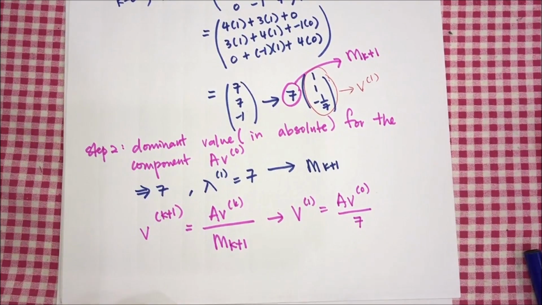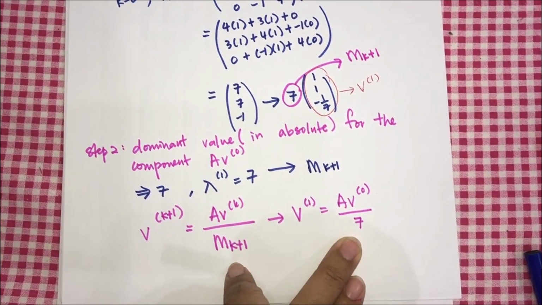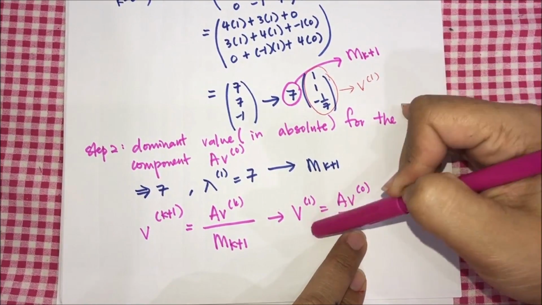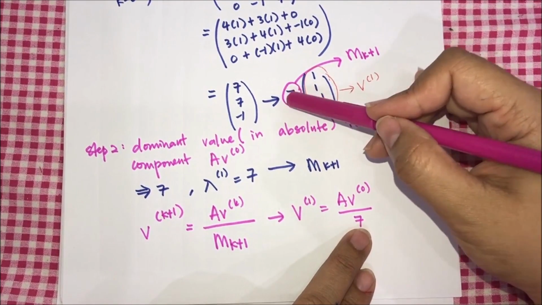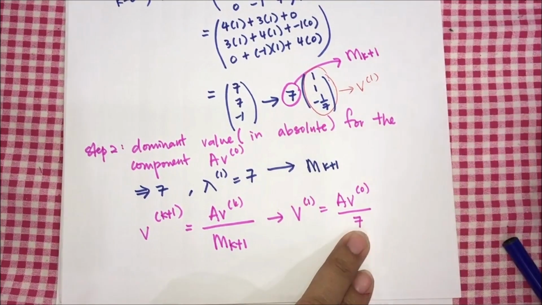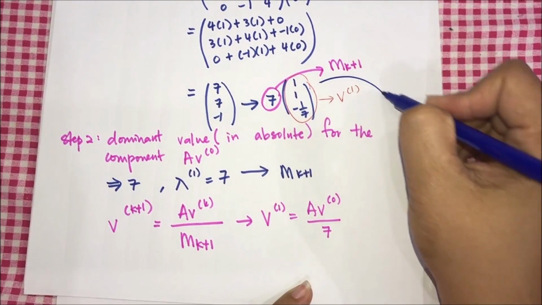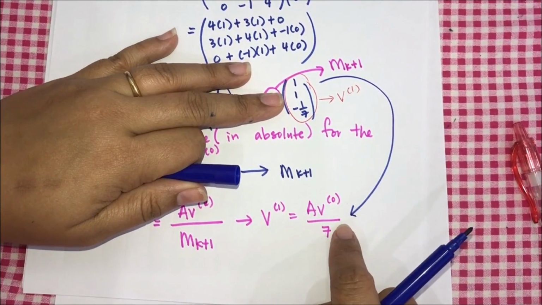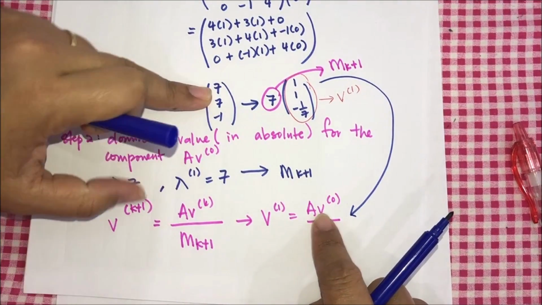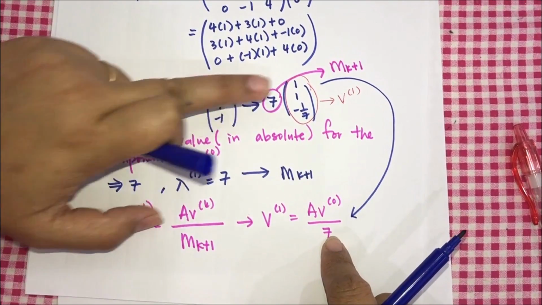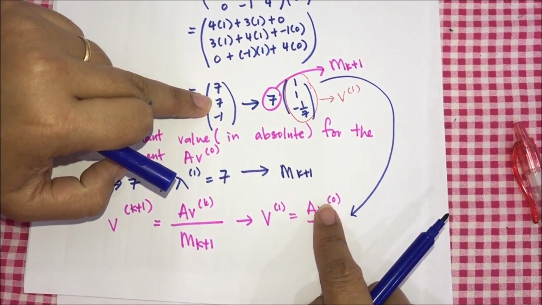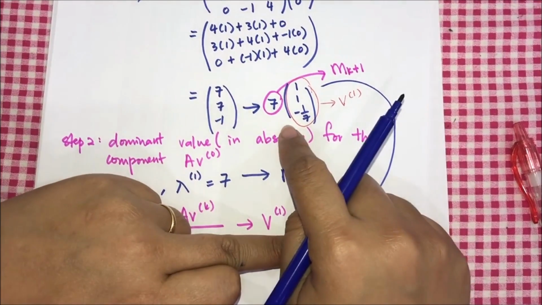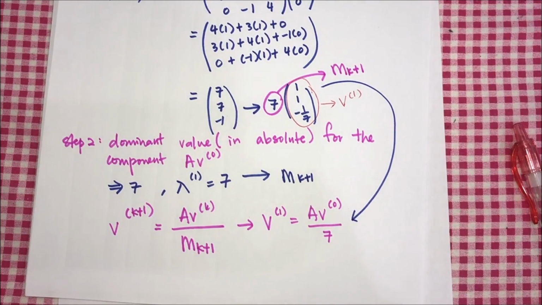Because this one is the dominant value, we take it out. Now try to solve whether this one is the same as this one or not. We get 7 over 7, that means 1, and 7 over 7, 1, and negative 1 over 7.